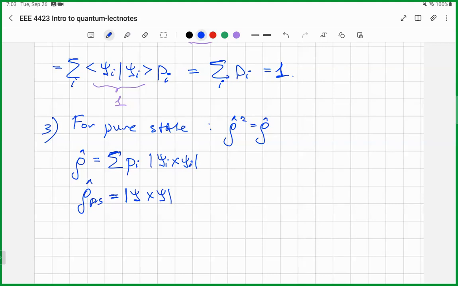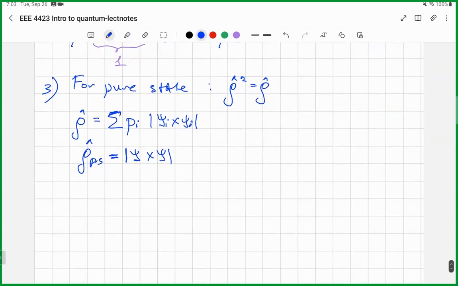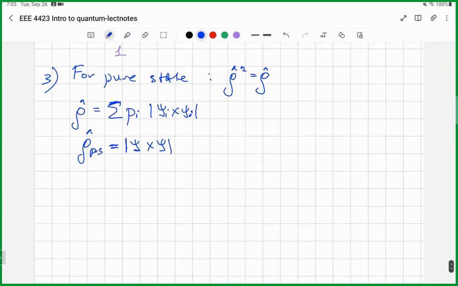That means that using the density operator, we can describe not only a mixed state, but also the pure state. So the density operator is a much more powerful thing than the psi vector. Okay. Now this proof is quite simple, because the squared density operator is just |psi><psi|psi><psi|.